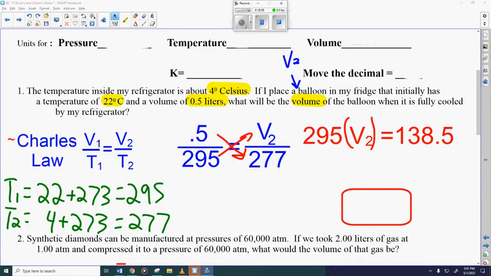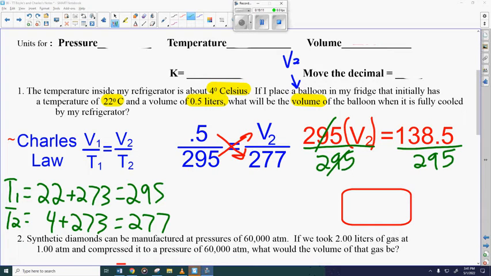So what do I do to both sides to get volume by itself? Well, what's the opposite of multiplying by 295? That would be dividing by 295. So over here, these will cancel out. And over here, if I take 138.5 divided by 295, that should tell me what volume 2 is, my final volume. If I plug that into my calculator, I'll find it's a little bit less than 0.5, 0.47.